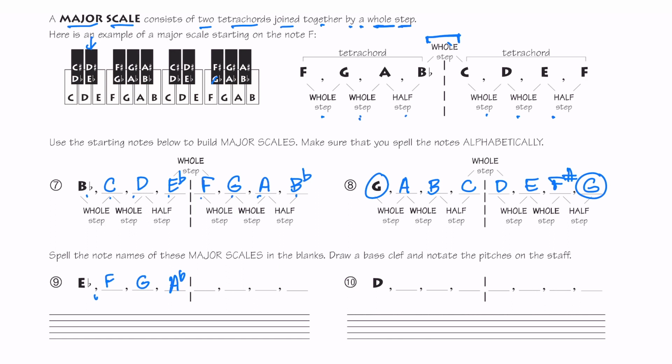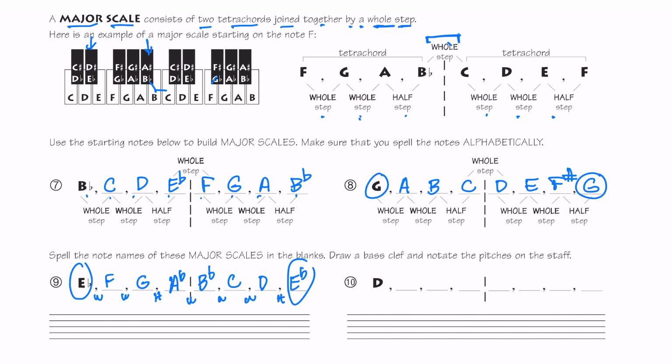Okay, so whole, whole, half. Then I think whole, whole, whole, half. Okay, A flat, up a whole is B something, B flat. Up a whole, okay, here's a B flat, here's a half, that is C. Up a whole, D, up a half, E flat. So check it, your first and your last are the same.